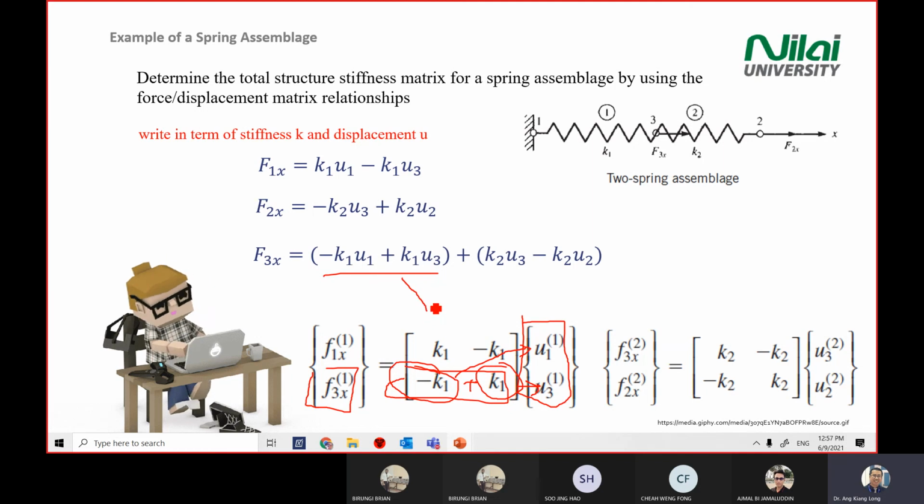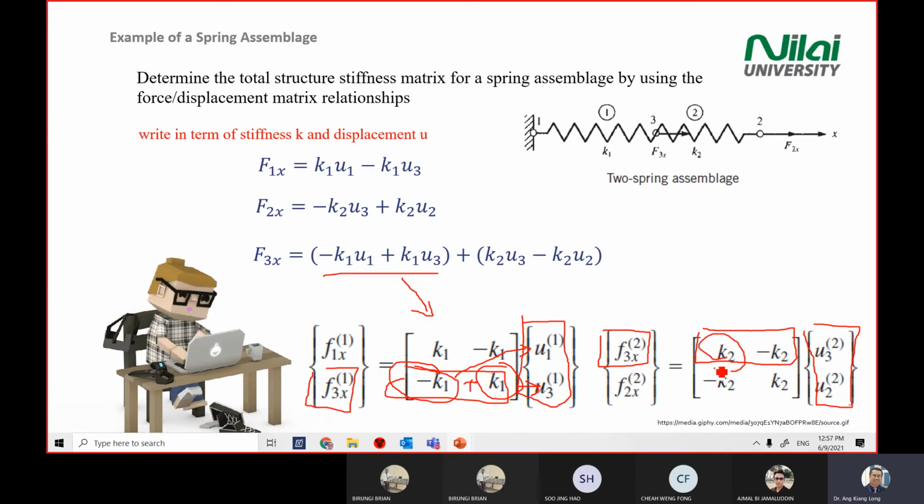This is from here. And you have a second element: this row times this column, so again you take this one times this one plus this one times this one. You will get the second equation.